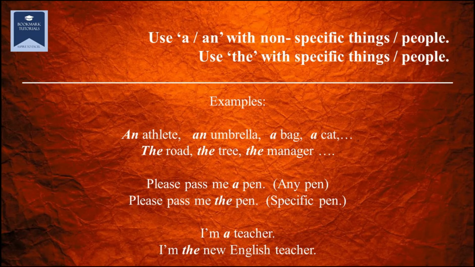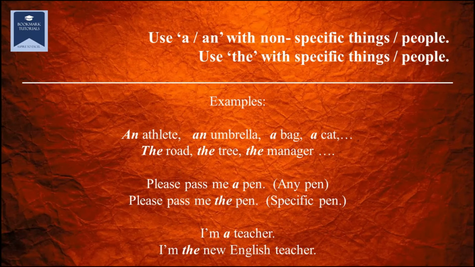But when we say the road or the tree, we mean a specific road or a specific tree, probably something that you and the person you are talking to can see right now. Similarly, when we say the manager, we are talking about a specific person who holds the position of manager.